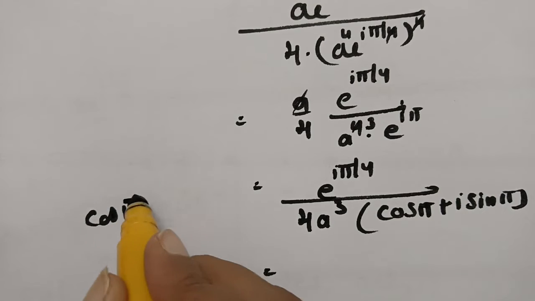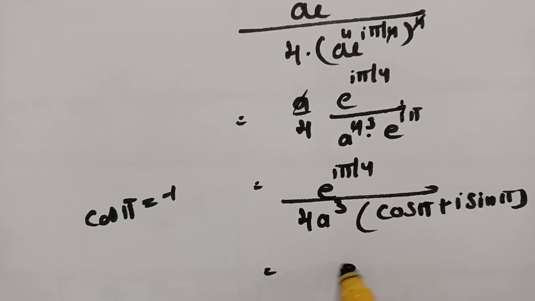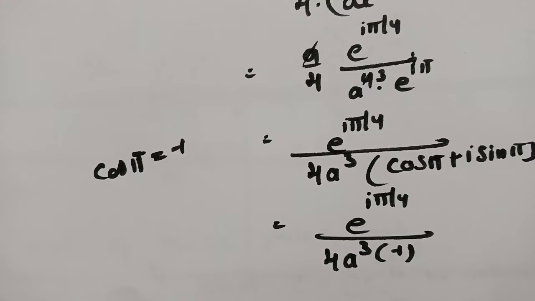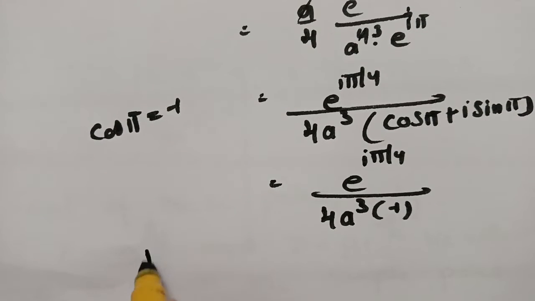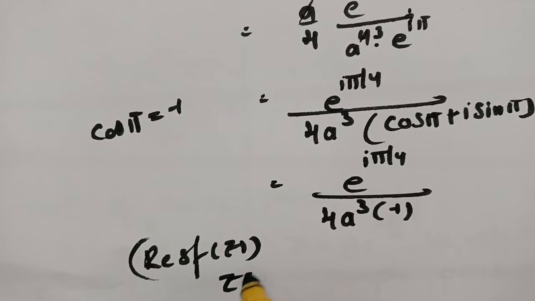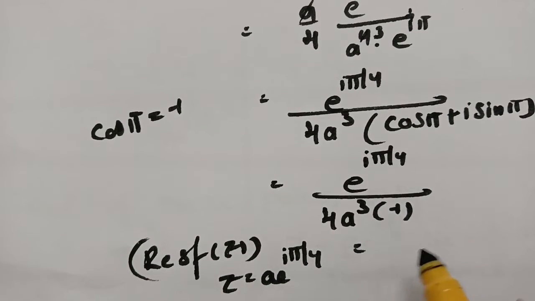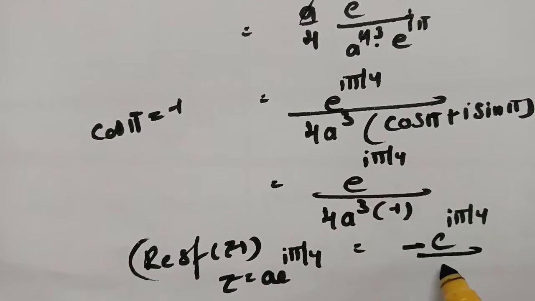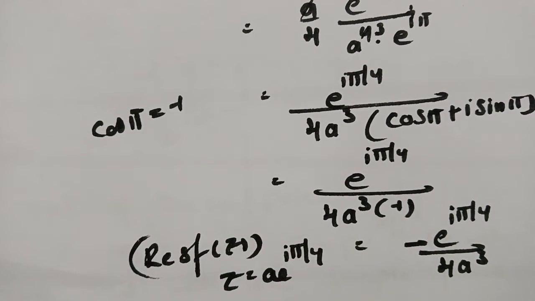As you know, cos π is equal to −1. If I substitute, this will be e^(iπ/4) by 4a^3 into −1. So the residue of f(z) at the point z = a e^(iπ/4) is nothing but −e^(iπ/4) by 4a^3. Clear?